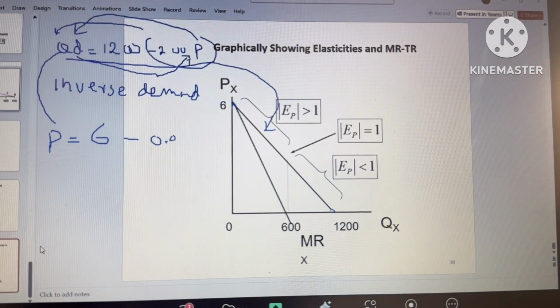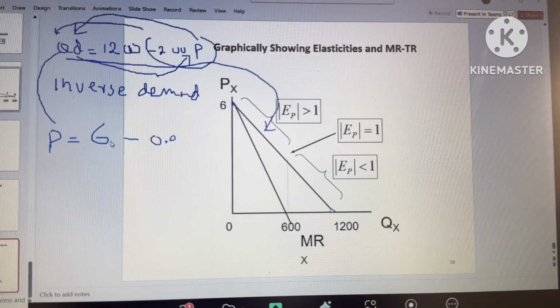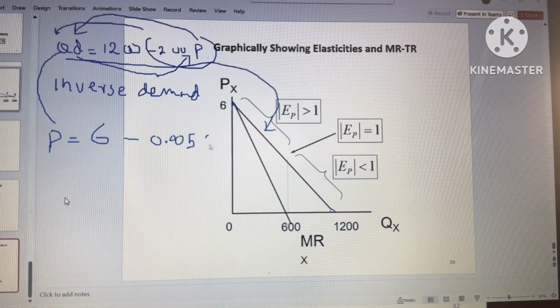This is not economics. This is simple grade 5 scholarship examination mathematics. 6 is correct. Why are the others not trying? I need to work with you in this lecture. So sorry sir, it's 0.005. 0.005, then Q, right?